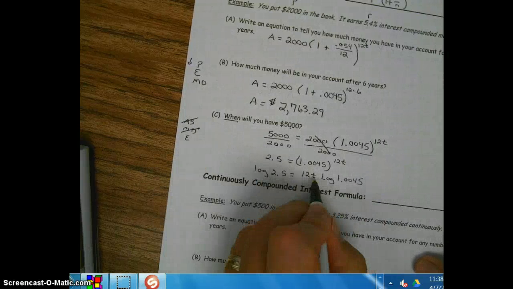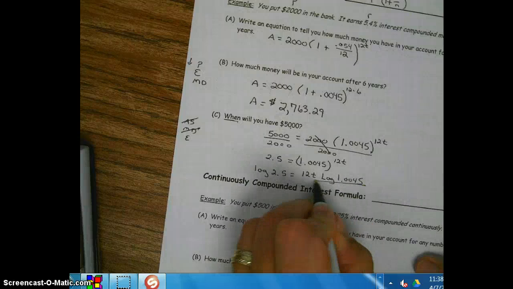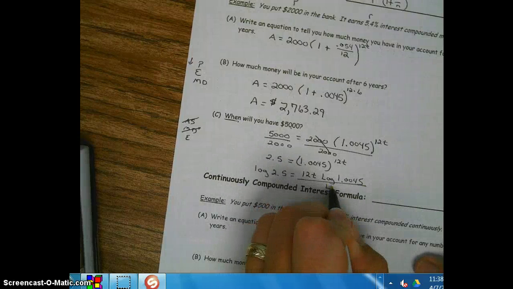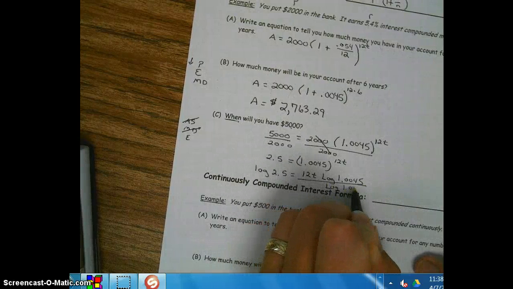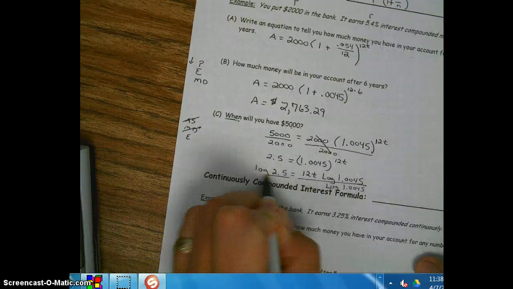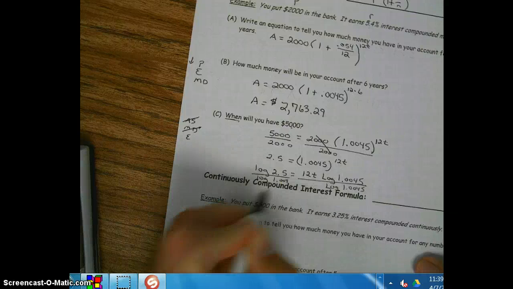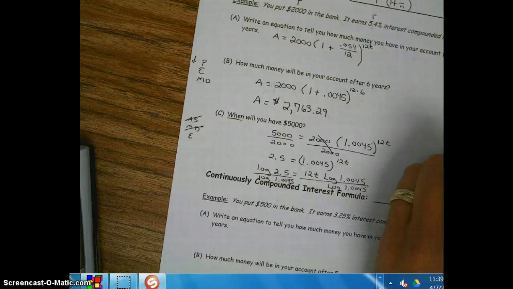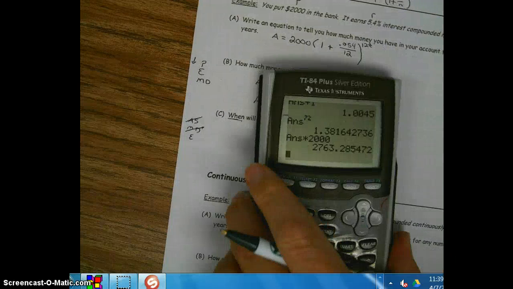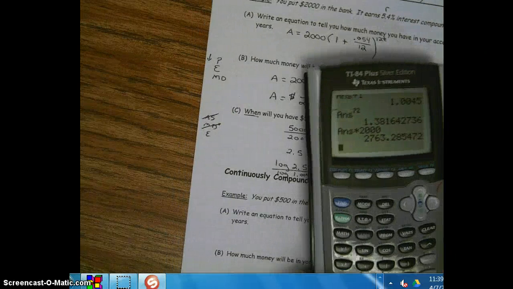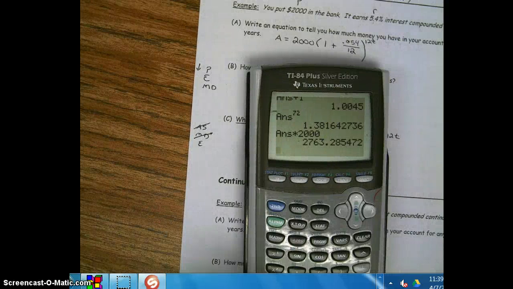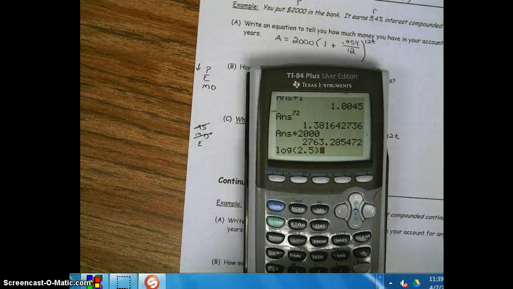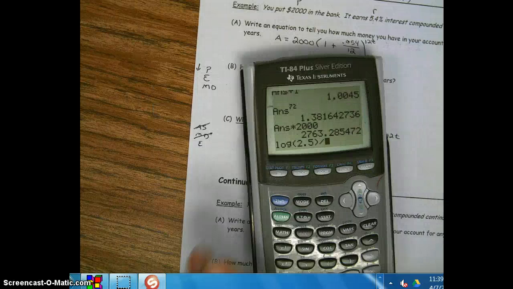Then we're solving for t, so I'm going to divide both sides by log. So we're going to have 12t equals the log of 2.5 divided by the log of the other number.